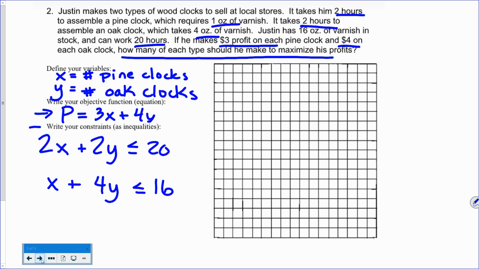Okay. If I take a look back, I have used all of the information. I've used everything about the varnish, everything about the hours. I've included the profit in my objective function. All right, I also need to remember that both x and y must be greater than or equal to 0, so that when I set up my graph, I fill in those lines.